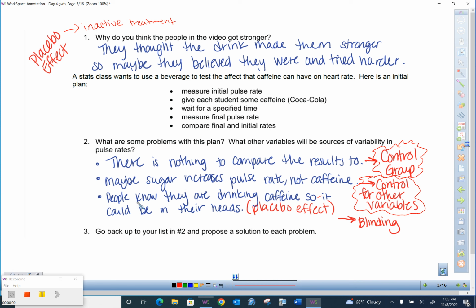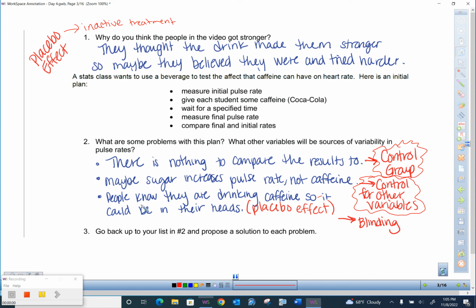And then something that's really important that's kind of new here is something we haven't talked about: when we are doing separate groups, the ability to mask whether the group has the treatment or not. When we talked about this last time with the ACT prep course, there's no way to mask that.